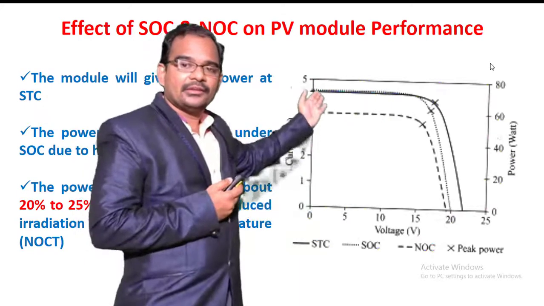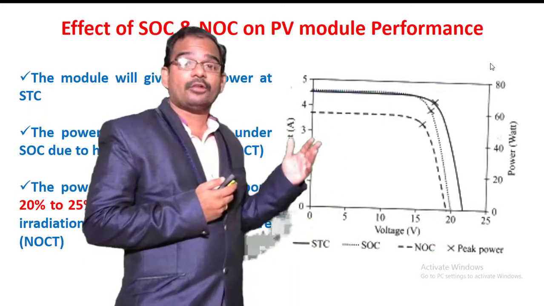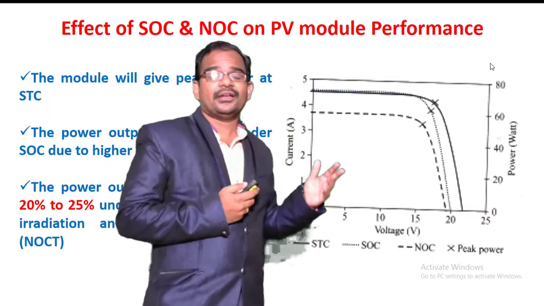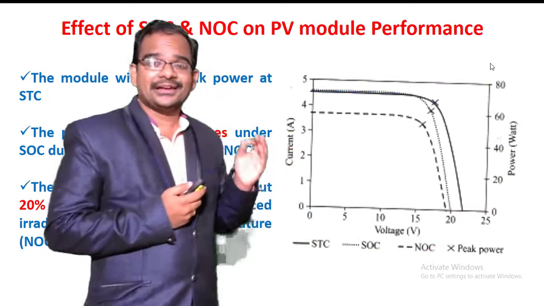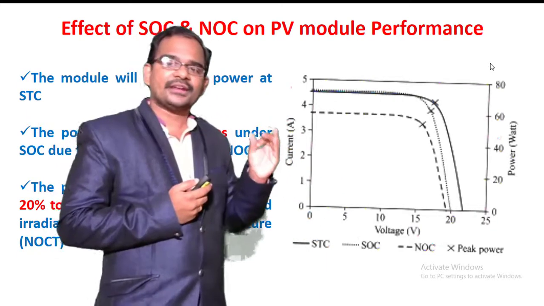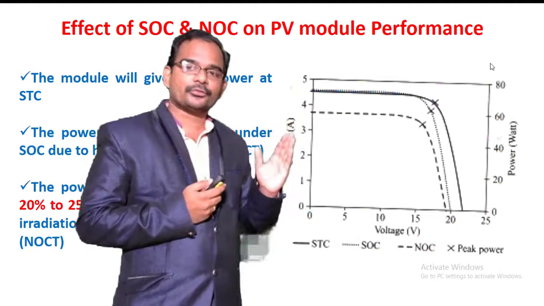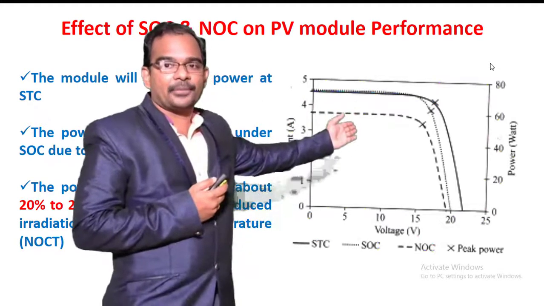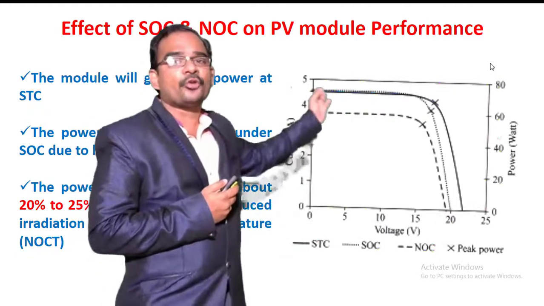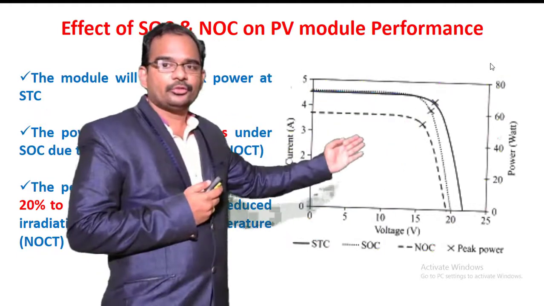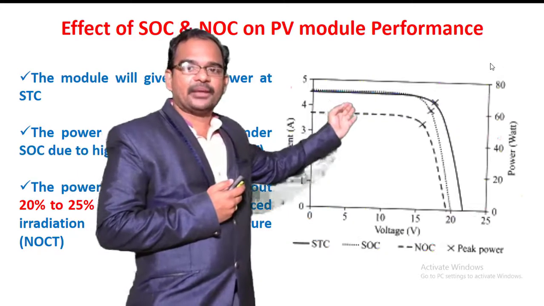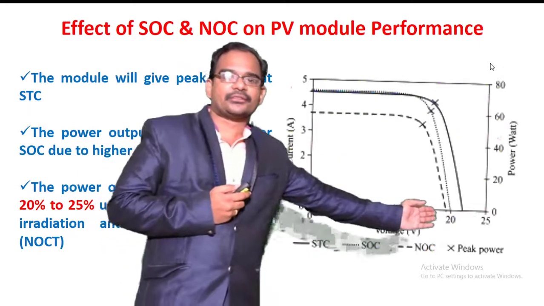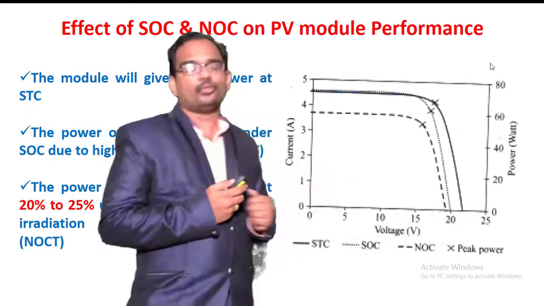You can see with increasing temperature, which we have already seen in the last semester, as the cell temperature increases, short circuit current increases, but both open circuit voltage and peak power decrease. The same thing is observed here. At STC, you have a black curve. Now you may assume that the ISC is 4.5 amperes and the VOC, on the x-axis, is 23 volts.